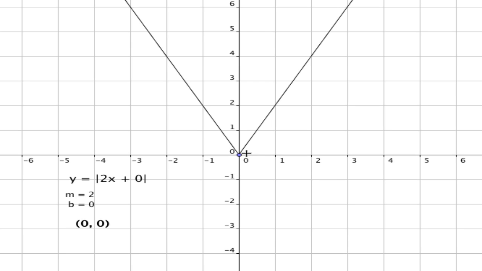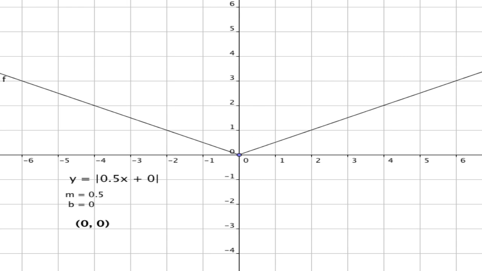But the difference is on the other side, when x goes negative, the slope changes. It turns into a negative 2 slope. But that just has to do with the way the absolute value works. It's almost like a pool ball caroming off the side of a table. If we make the slope smaller, like 0.5 or 1/2, there's our up 1 over 2.